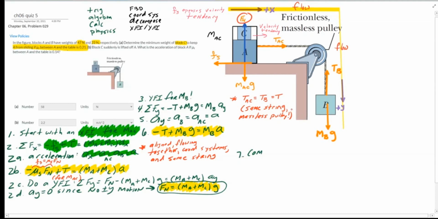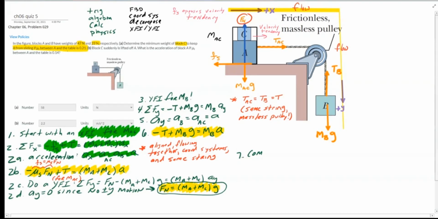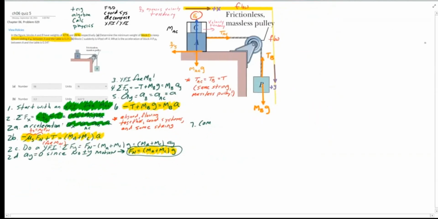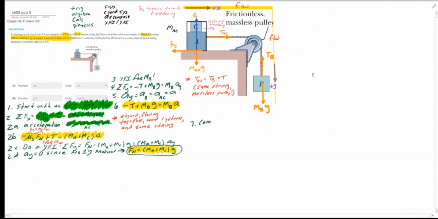Yeah, so AC has a different plus y, going up. Plus y is going up for AC. Oh, that's a good point. You're right, I have to specify. It's a very good point, really. Let me zoom out, bring things down a tad.